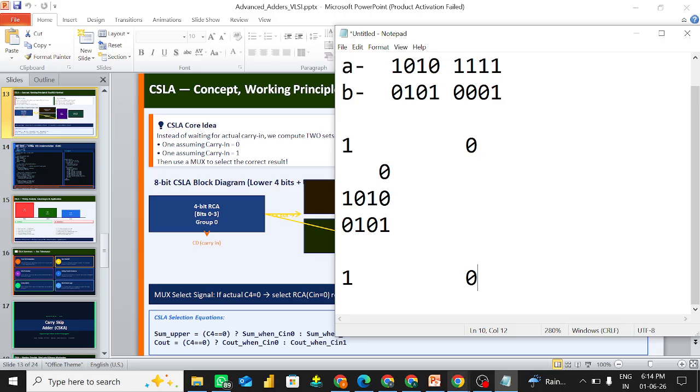Don't think like that. I'm just explaining this on this answer. Even you can get C in as one and C out as zero. It all depends on the upper bits. So think like that.